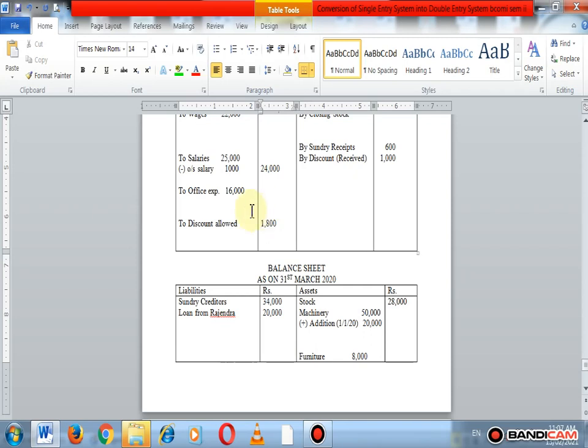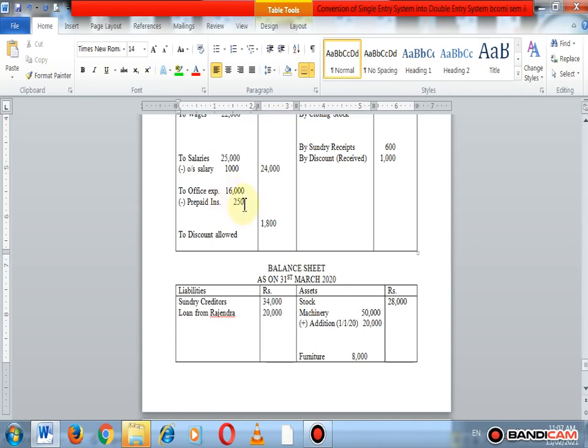So here we deduct 250, less prepaid insurance amounted to rupees 250.